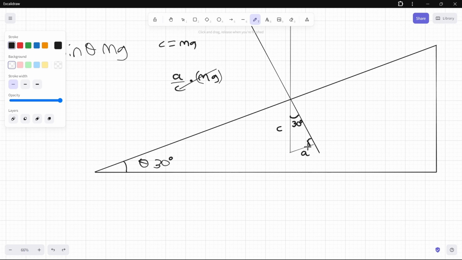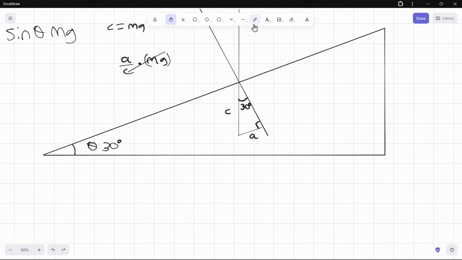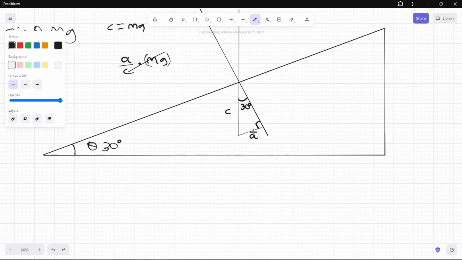And so we're left with A, and A is the component, and you can see that symmetry. These are both parallel. And so A would actually be your force vector in this direction as well. It would be your x component. So these are both the same vector.